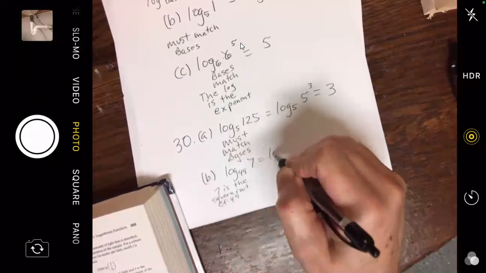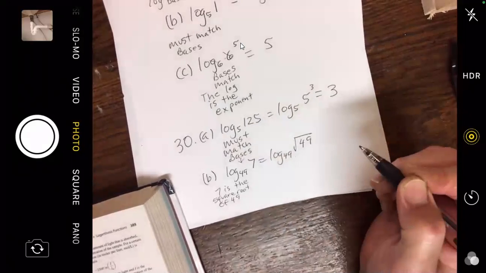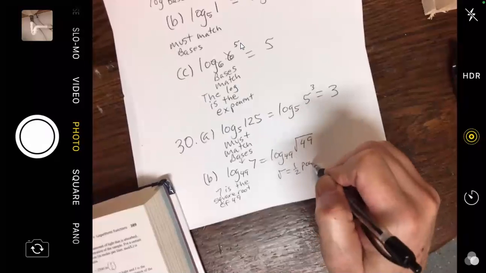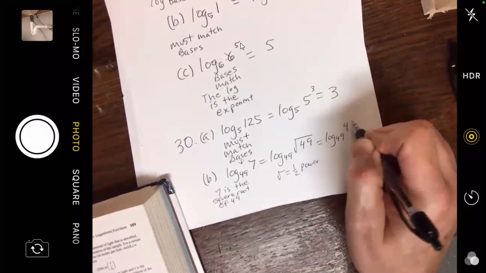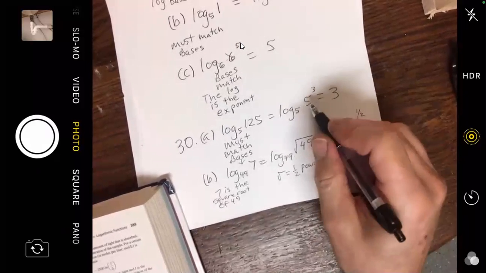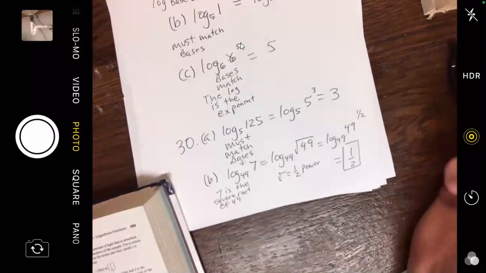So I could write this as log base 49 of the square root of 49. Well, then a square root is a 1/2 power. Log base 49 of 49 to the 1/2 power. And now it works exactly like these. The answer is 1/2, which again you must believe.